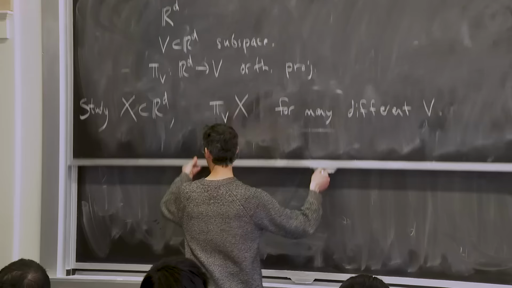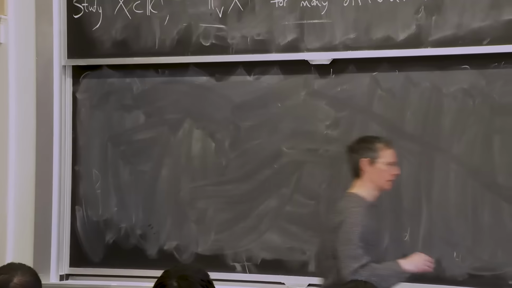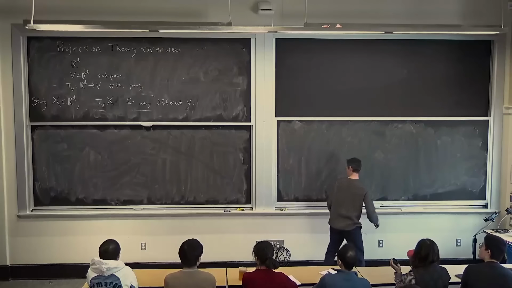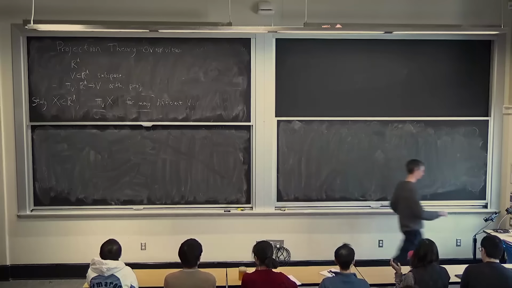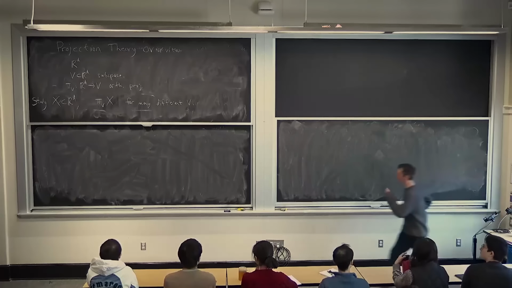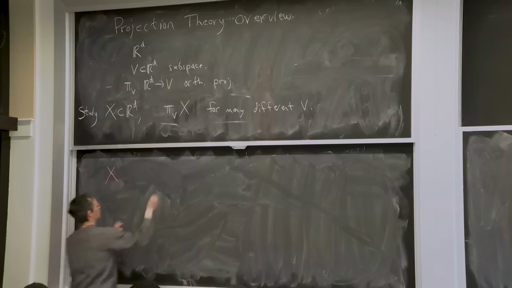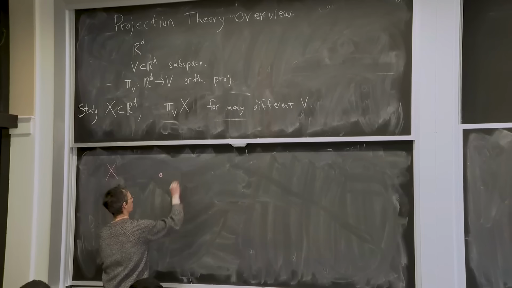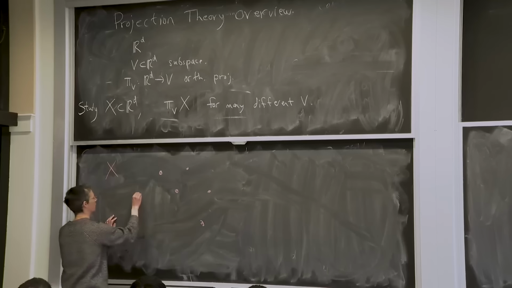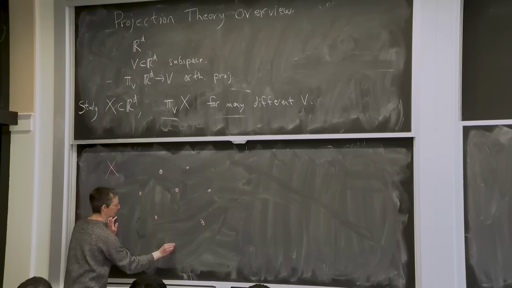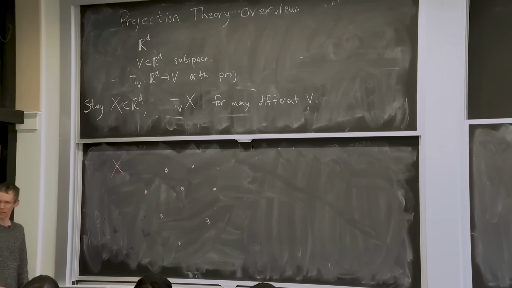All right. So let me make a picture. We'll come back to this picture a bunch. So maybe X is a set of red dots. And then we can take the projection of this set X onto different planes.